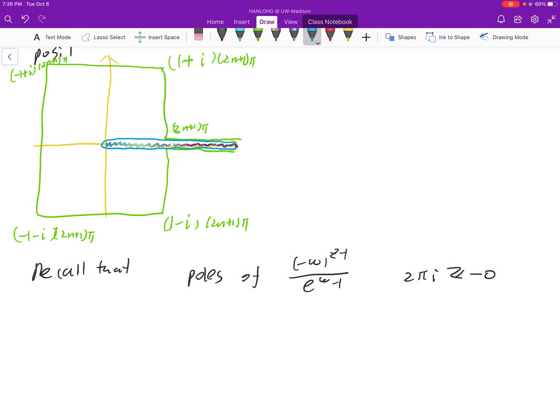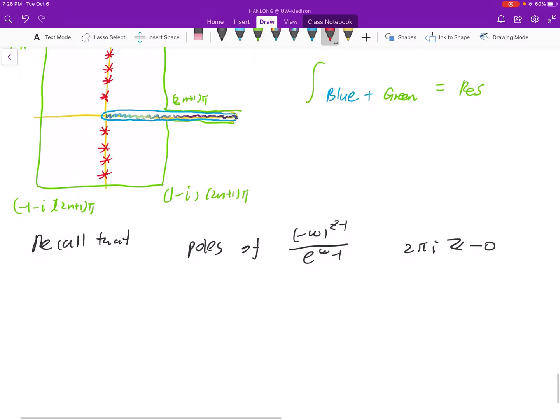And then you deform this, meaning the green part plus the blue part plus the green part, and the integral along this should give you the residue inside it. Okay, so where's the residue? Because in your region, the poles are along the imaginary y-axis.